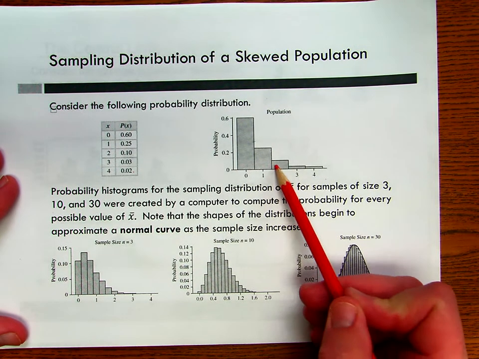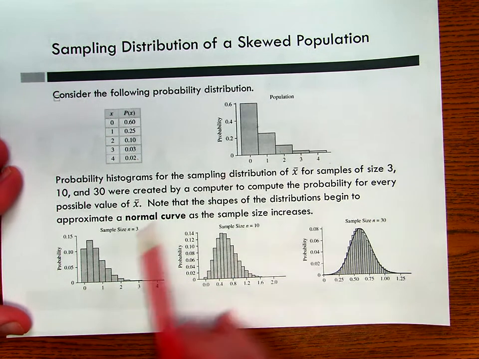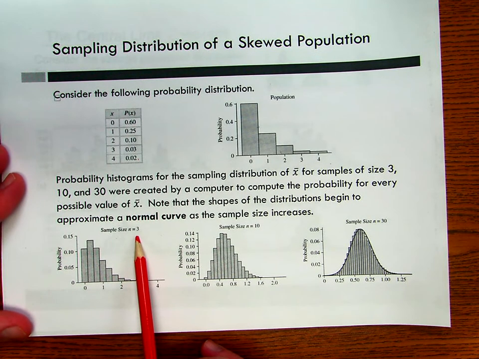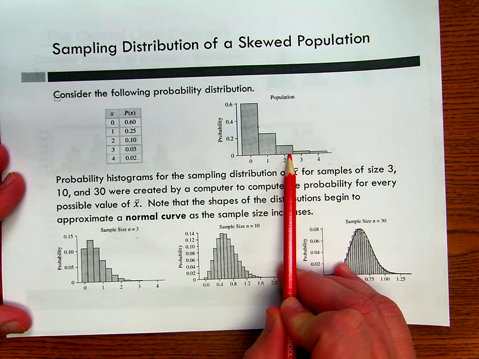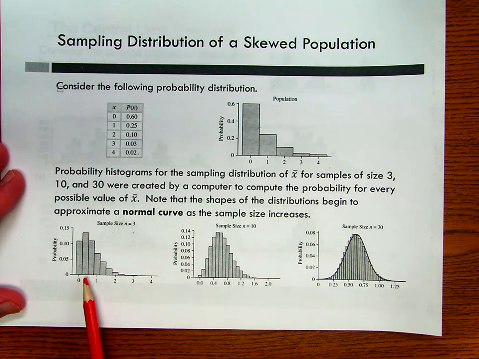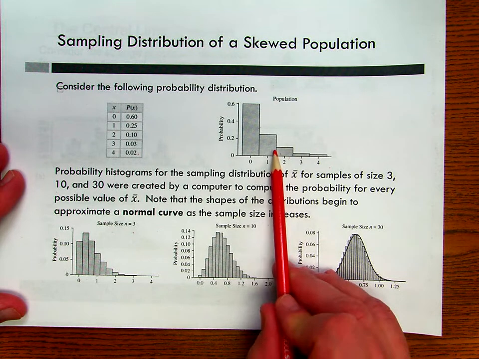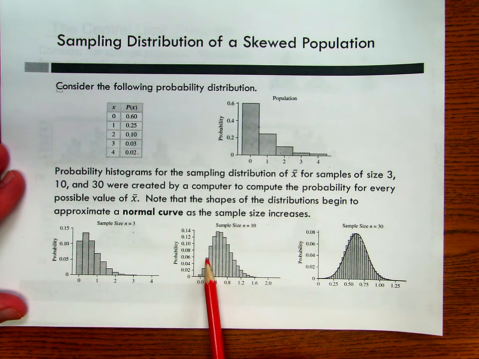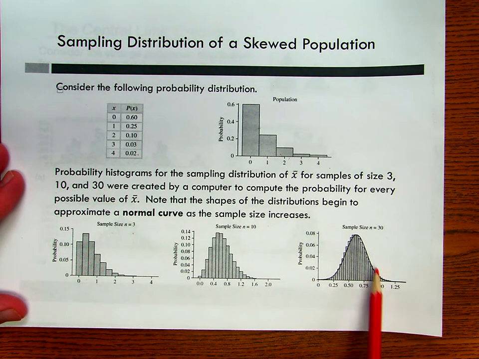So this is the population distribution. If we do the sampling distribution with sample size n equal to 3, this looks relatively close to that. In terms of the quick observation, they're both skewed right. If we increase our sample size to 10, it starts to look less like that and more like a normal shape. By the time we hit size 30, we very much have that bell-shaped curve.